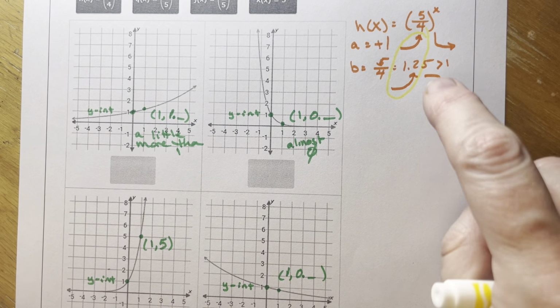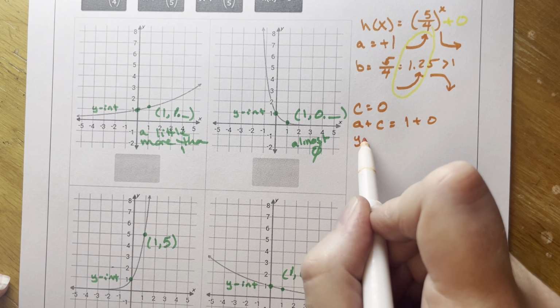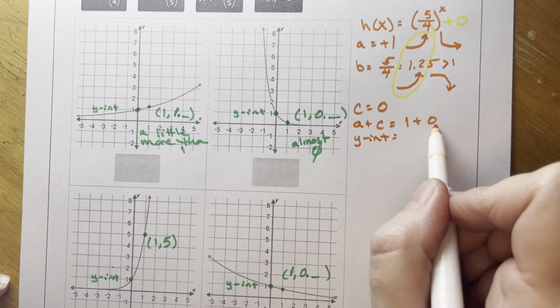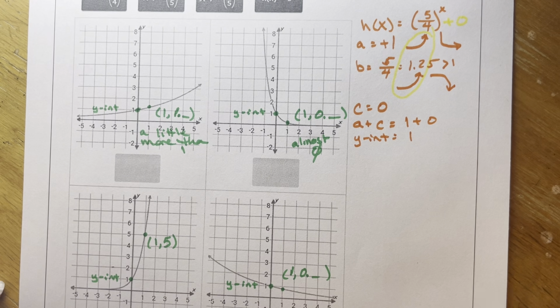So c, we know, is there at the end of our equation, and since no number is present, or at least visible, we know that c is 0. And from that, we can go find our y-intercept. So a is 1, c is 0, that means that my y-intercept is their sum, which is 1.